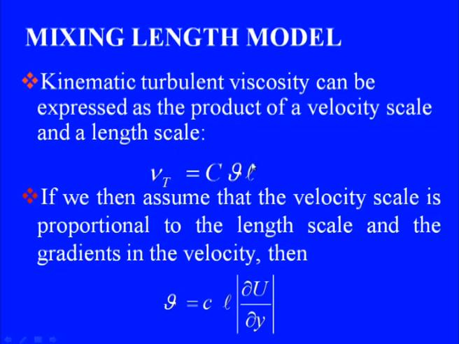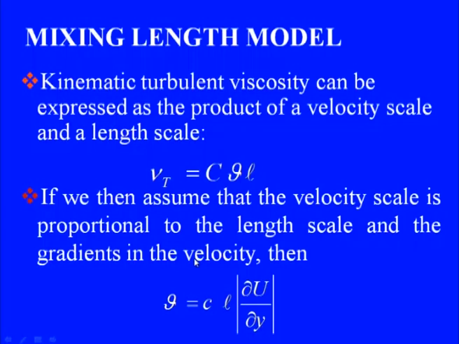Now, this length scale would be typical of our eddy structure. We can assume that the velocity scale is proportional to the length scale and the gradients in the velocity field. This is consistent with our earlier discussions on turbulent flows, that the eddies of a particular length have velocity scales that depend on the gradients of flow velocity.